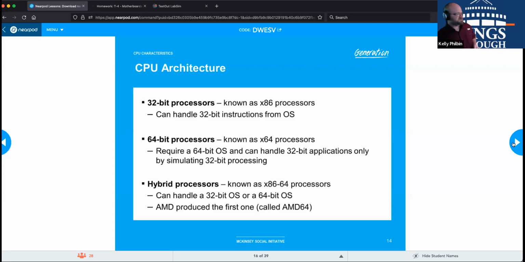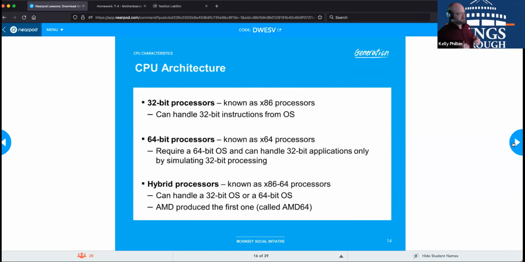Then we move to 64-bit, known as x64 processors. Somebody have a question? Oh, okay. So we have x64 processors, and they require a 64-bit operating system, but they can simulate 32-bit applications.